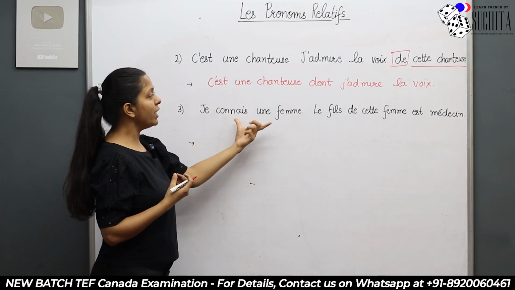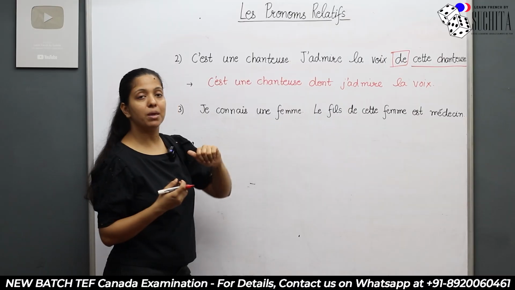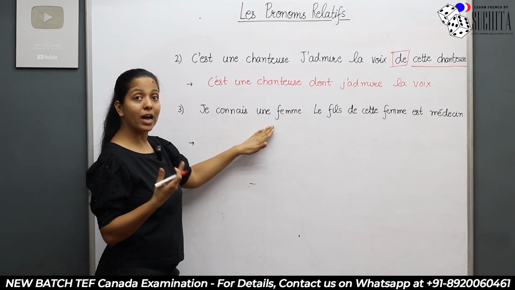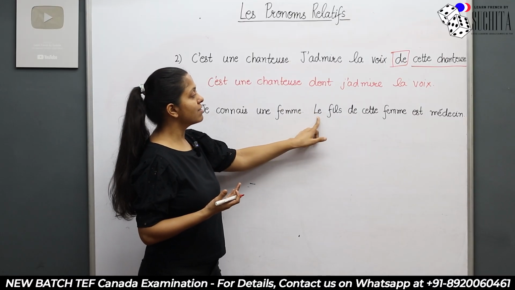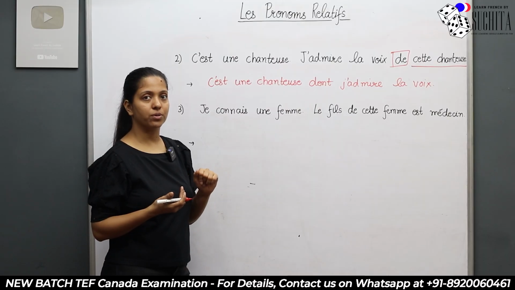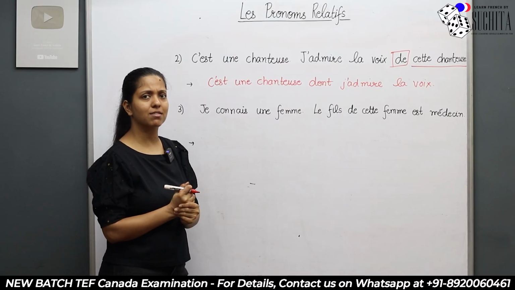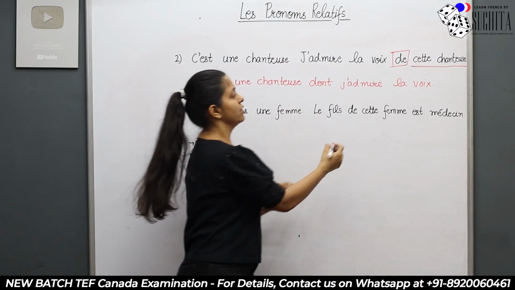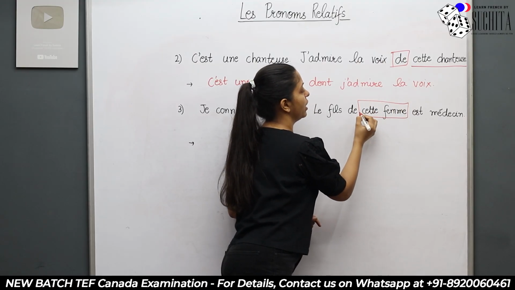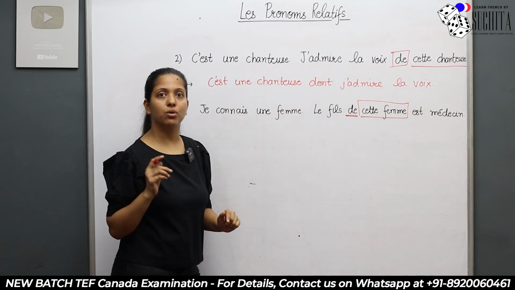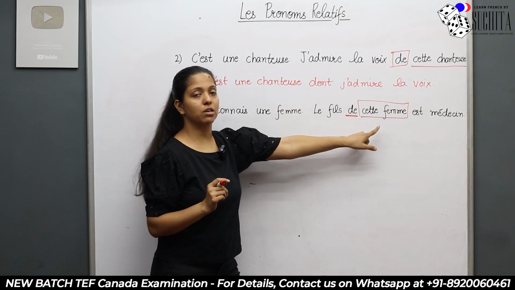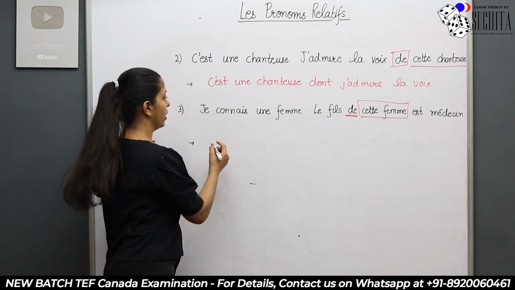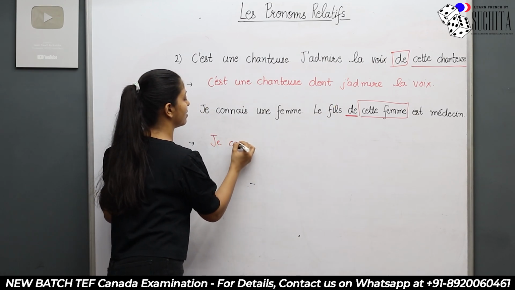Okay? Je connais une femme, le fils de cette femme est médecin. I know a lady. The son of this lady is a doctor. So what is the repetition in the second sentence? It is cette femme. This is the repetition. And before that you have the preposition "de". So "de" plus repetition would be avoided by dont. And your final sentence will look something like this.